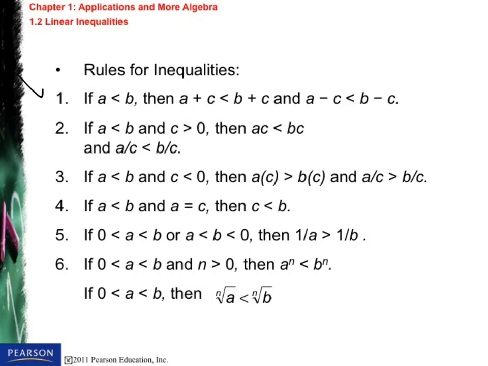If A is less than B and you multiply by a constant, now this is key here, that the constant is positive, it's greater than 0, then that relationship will still stay the same. With the multiple, and if you divide by the constant, then A is still less than B. If you multiply by a constant less than 0, then the signs reverse.